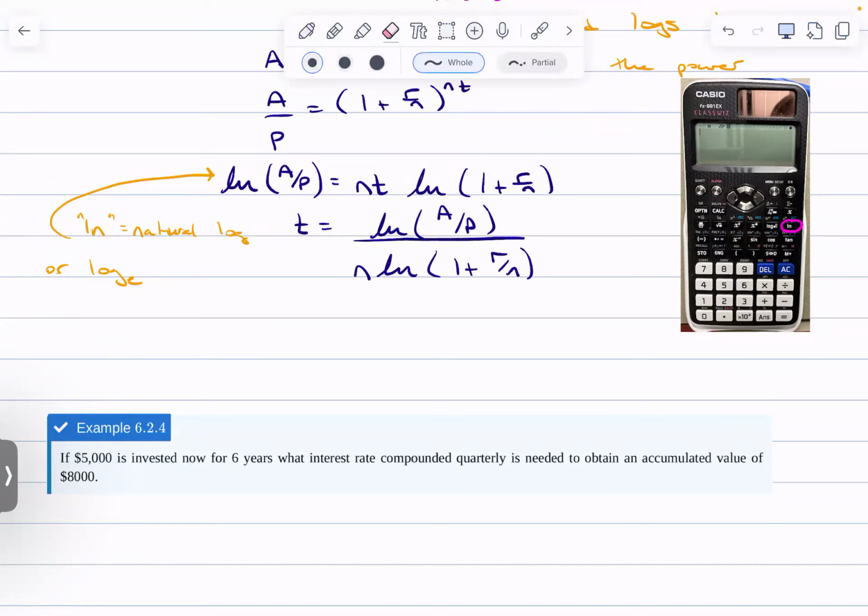I should write that as a proper fraction. And I'll do this one too. Bless you. And this will be on your formula sheet. It's not right now, but it will be once I fix it.